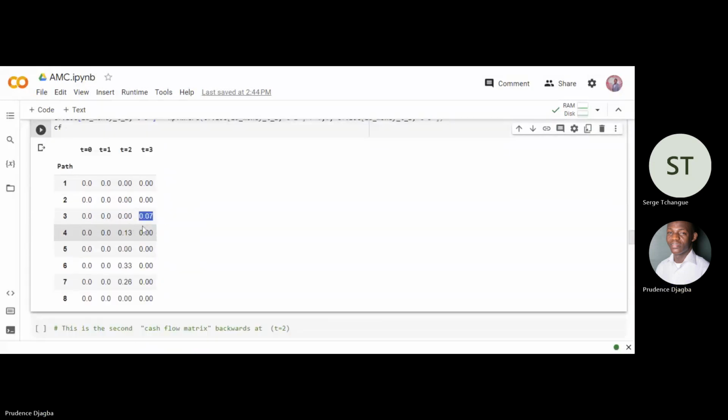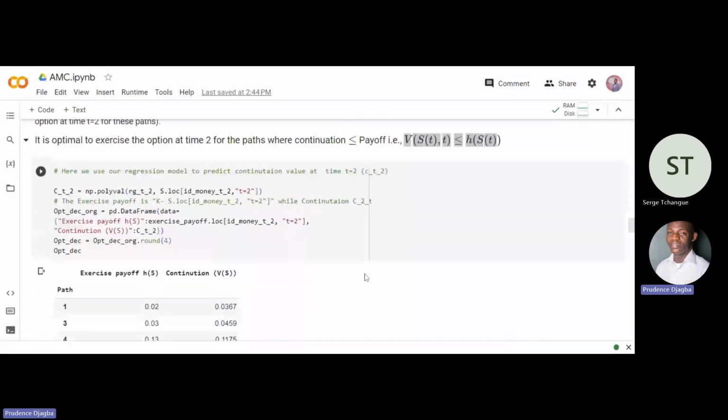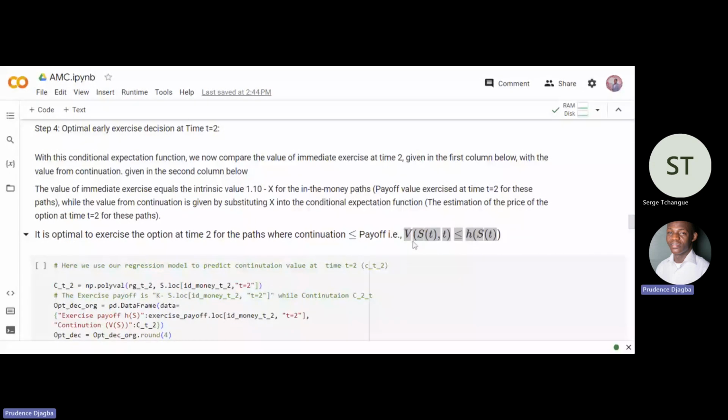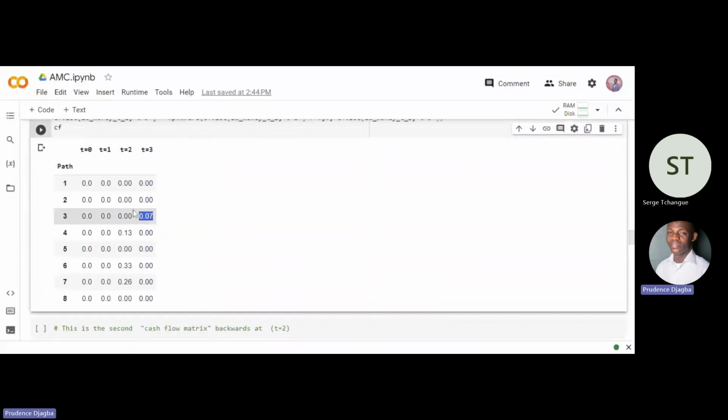And then the optimal rule to stop the backward is the first instance where the continuation is less than the payoff exercise. So I also need to go backward to t equal to 1 and check those continuations and see if I still have some, then the optimal stopping time will be t equal to 1.